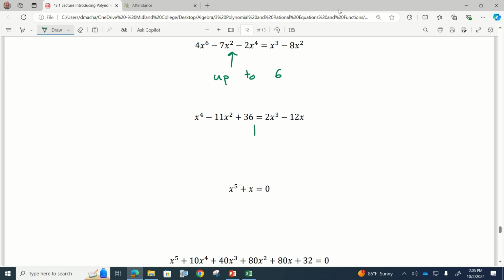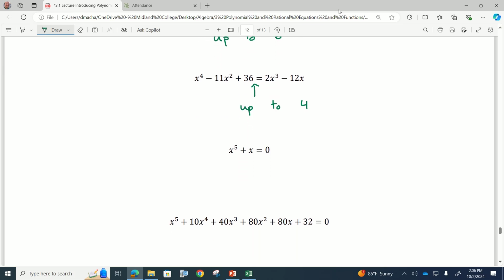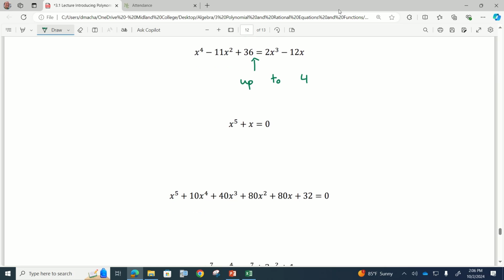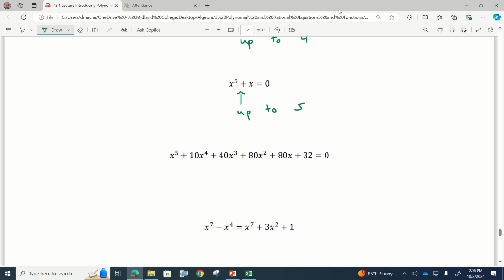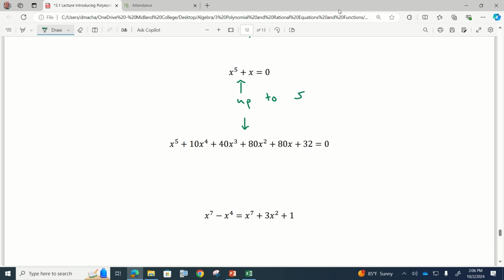What about this one? There could be 1 or 2 or 3 or 4 solutions, but not 5. What about this equation? There could be up to 5 different solutions. Same for that one. What about this guy?